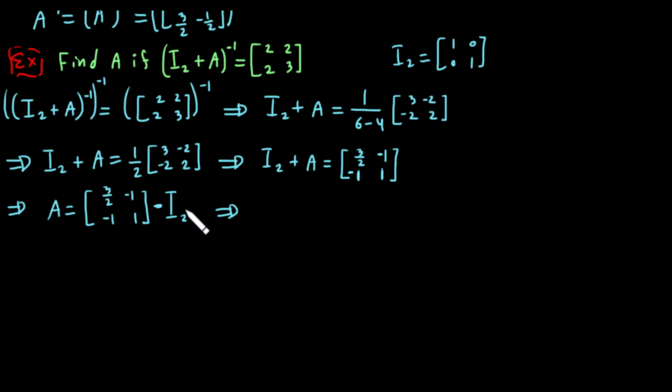I can write this as a matrix. So A equals this minus the identity.